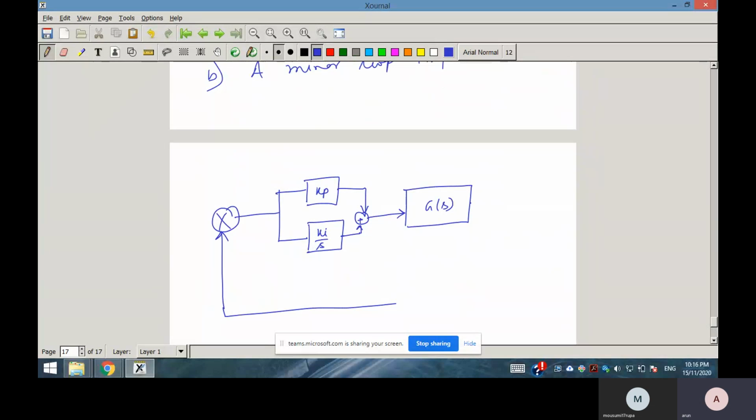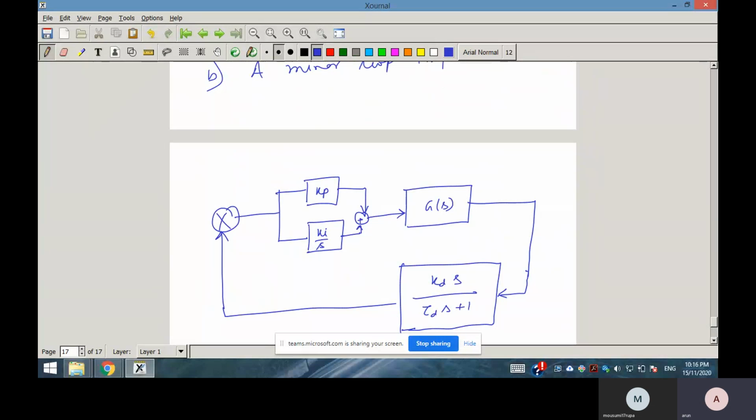Here I will put the block: KD by S divided by tau D S plus 1.